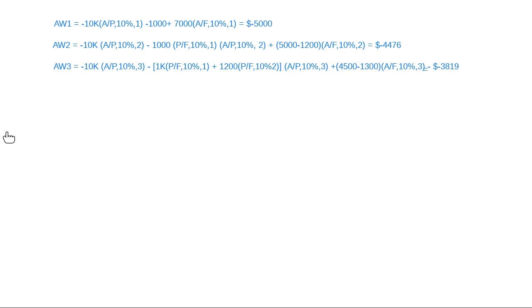Doctor, in the example in the slides, the annual operating cost for annual work 2, 1,200, he converted to present, then he calculated the annual.